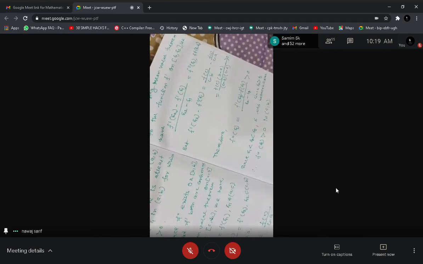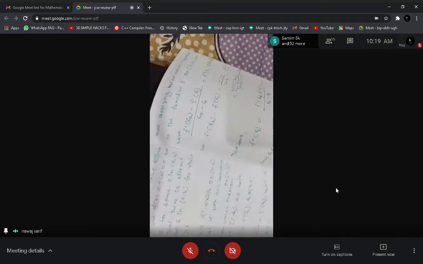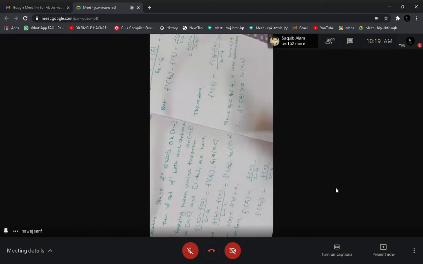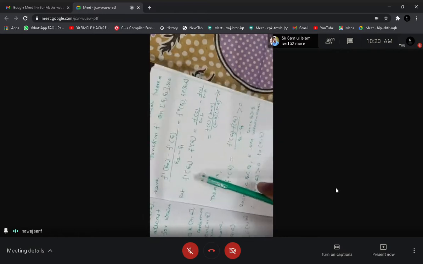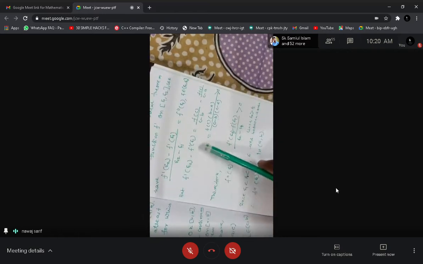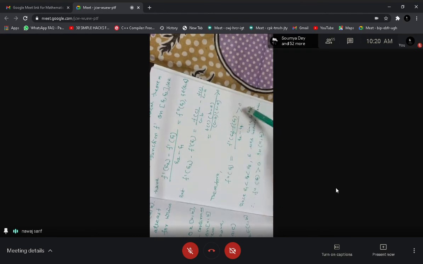So understand? First of all, you just apply Lagrange's mean value theorem in the interval a to c and in the c to b. Then apply mean value theorem to the function f dash on the interval xi1 to xi2, and then you will get f dash xi2 minus f dash xi1 as positive, and then f double dash xi is positive.